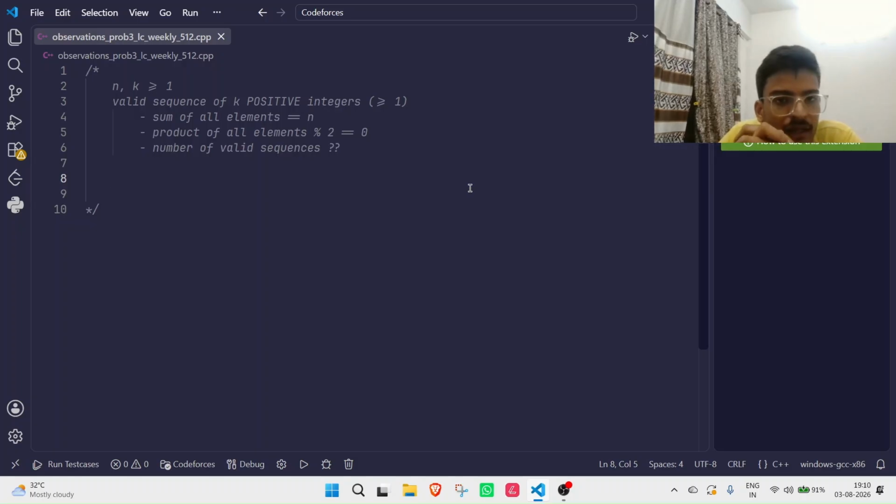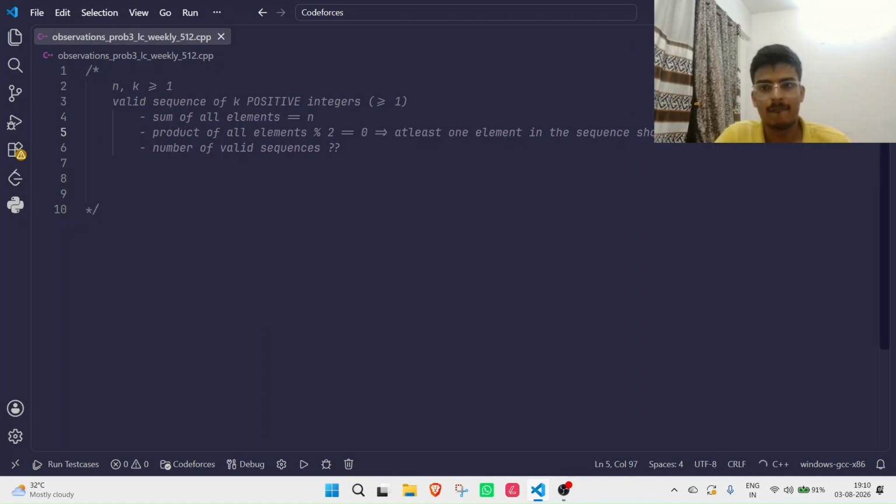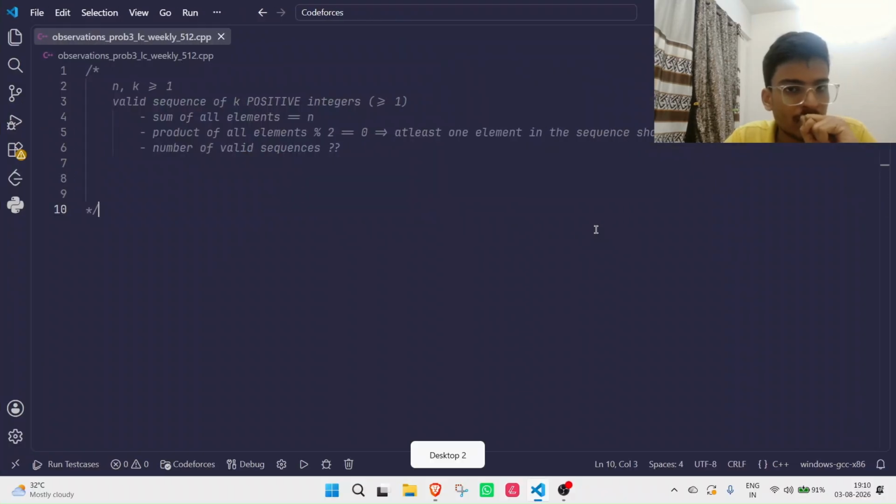Since the product is even, at least one element should be even. This implies at least one element in the sequence should be even, right? That's more information. At least one element in the sequence should be even.